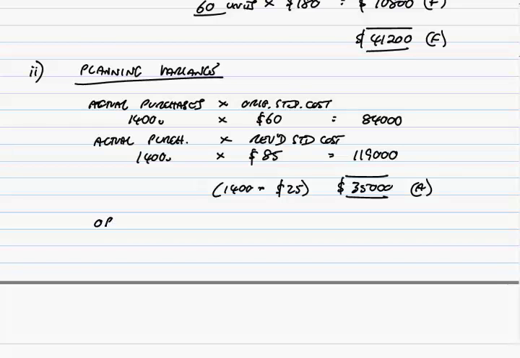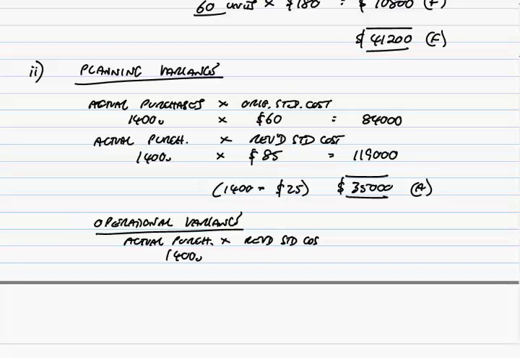What about operational? Well, here we're comparing what we actually paid with the revised standard. So again, based on what we actually bought, 1400, what should we have paid? Well, the revised standard was 85.